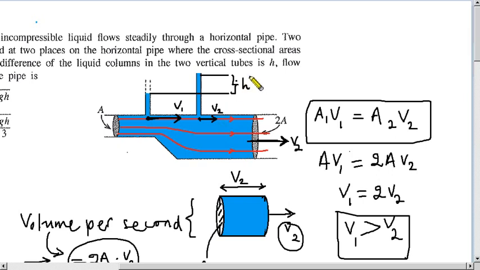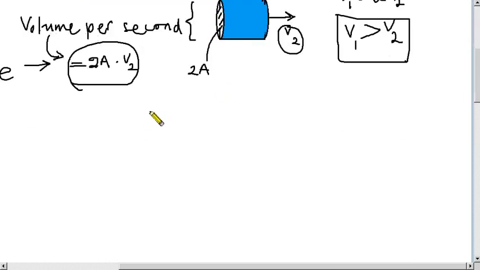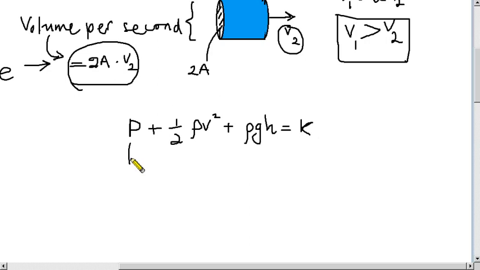So now let's go to the Bernoulli theorem. In Bernoulli theorem, what is the equation? Pressure energy, that is the pressure, plus half, not mv squared, we write rho v squared, the kinetic energy of unit volume, plus not mgh, we write rho gh instead of that, the potential energy of unit volume, equals constant. So this one is the pressure energy.